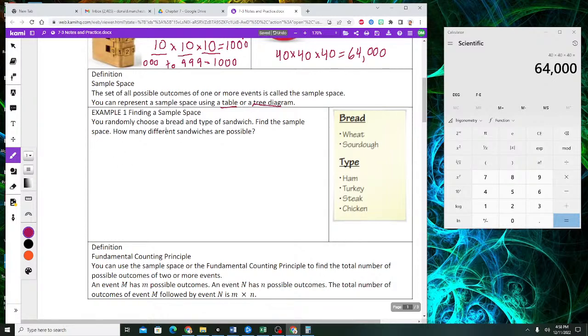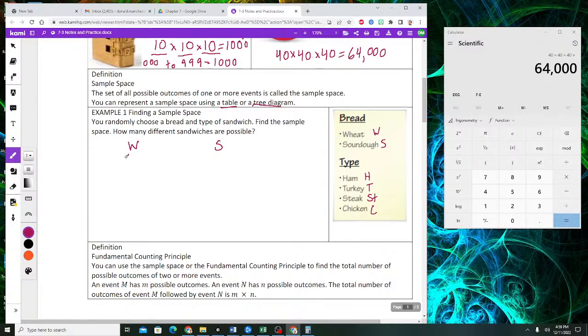You randomly choose a bread and a type of sandwich. Find the sample space. How many different sandwiches are possible? So our breads, I'm going to use W for wheat and S for sourdough. And then the type: I've got H for ham, T for turkey, ST for steak, and then C for chicken.